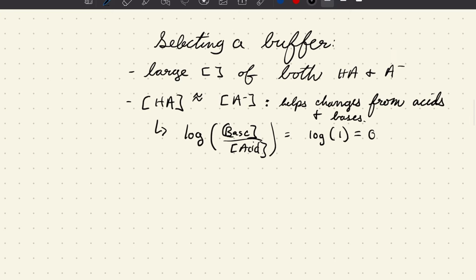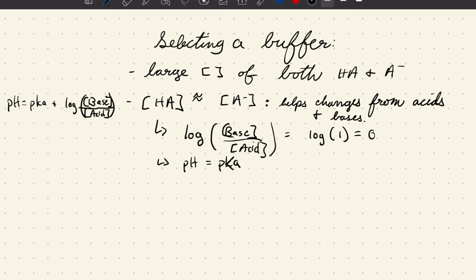The full equation is pH equals pKa plus log concentration of base over concentration of acid. So if the log of base over acid is 0, then pH just equals the pKa of the acid we're talking about.